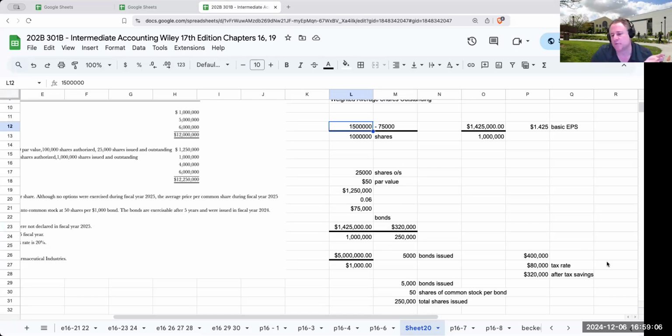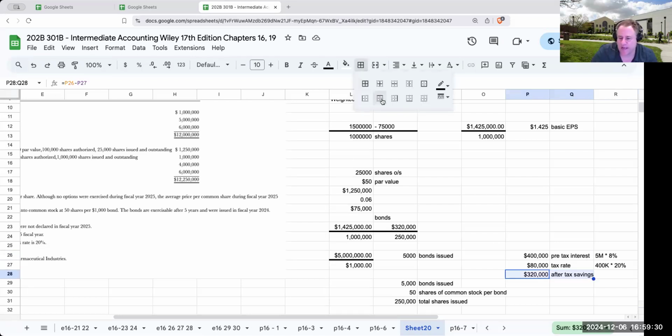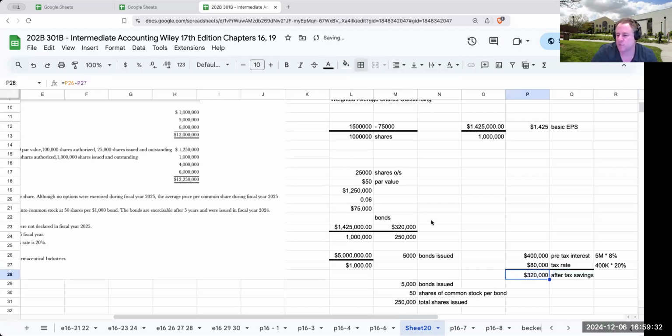So I'm going to have to say, well, I would have saved my normal interest of 400,000, or 5 million worth of bonds at 8%. There is a 20% tax rate, so 400,000 times 20% gives me 80,000 as the tax effect, and when I subtract it, I get down to 320.